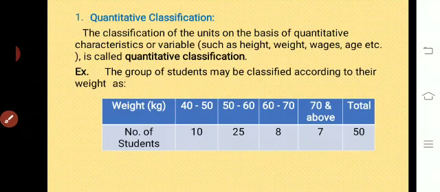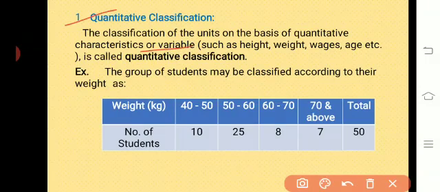Then let's see the first type of classification, that is quantitative classification. The classification of the units on the basis of quantitative characteristics or variables such as height, weight, wages, age, etc. is called quantitative classification.